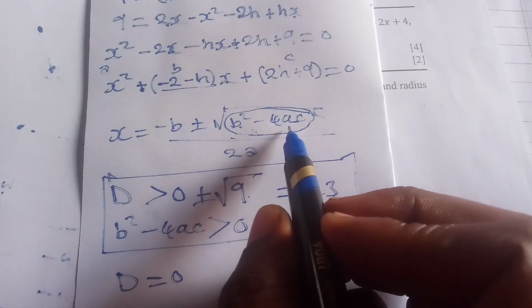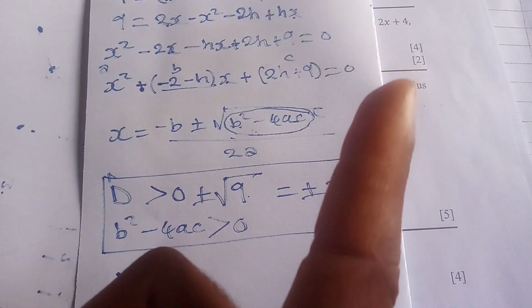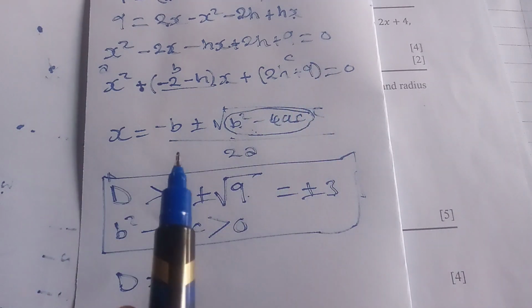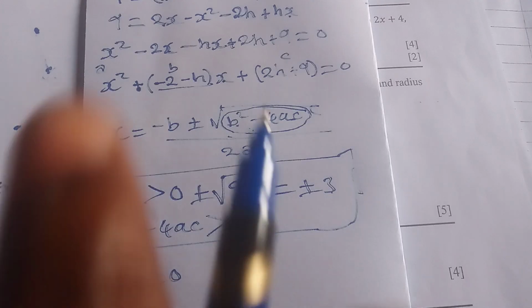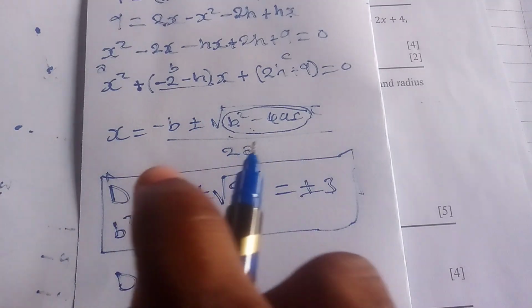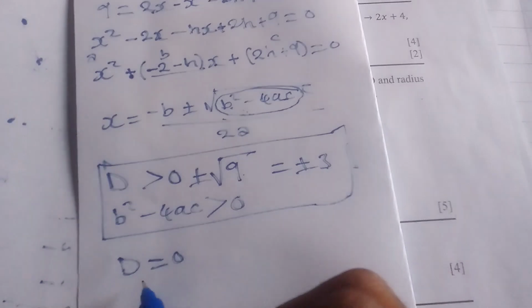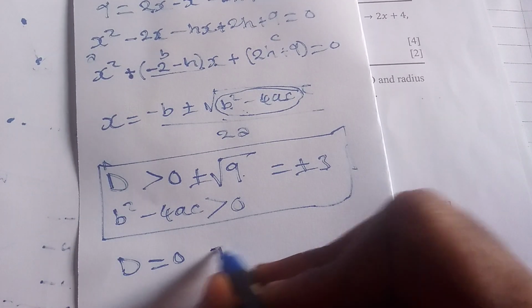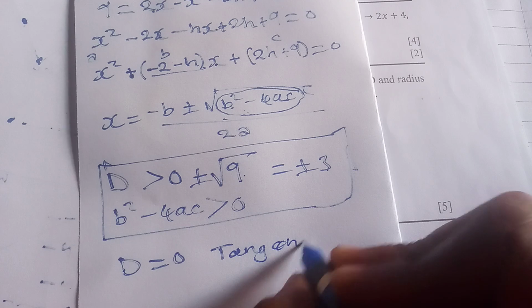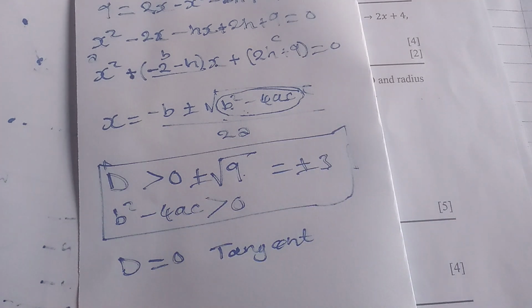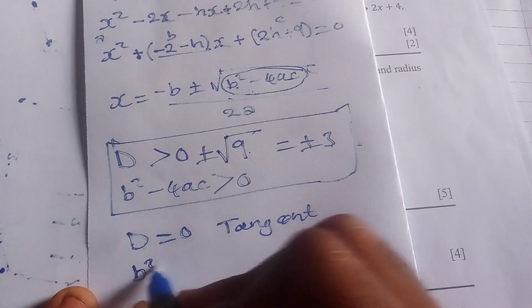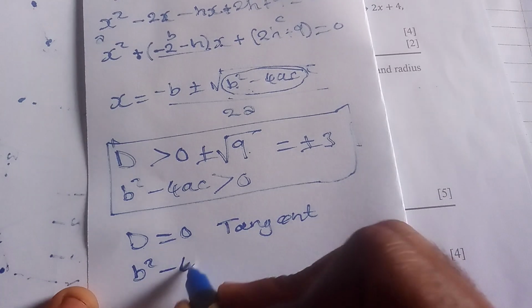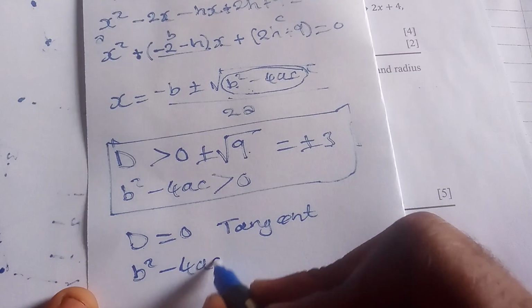So when I put a 0 there, then I'll only have one square root, which means this quadratic equation will have only one answer. If it's 2, then it will be 2, nothing like plus or minus 2. So in such a case, when you have a tangent line, or when you are told that the two are meeting at only 1 point, which is just the same as the tangent line, it means d is equal to 0. By d we mean b squared minus 4ac is equal to 0.